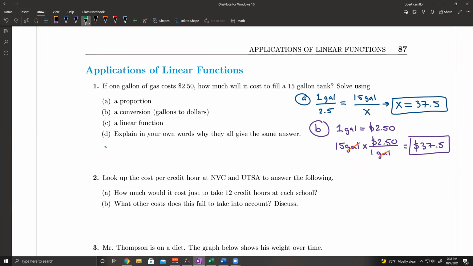Now remember, a linear function is given as y equals mx plus b. So how could we fill this in for our linear function?